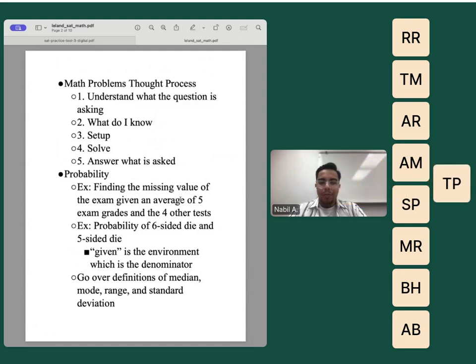So, finding the missing value of the exam given an average of 5 exam grades in the other 4 tests. Let's just say, and I'll write this in the chat here, we have 5 exam grades. Let's just say an 84, an 88, an 89, 90, and 91.